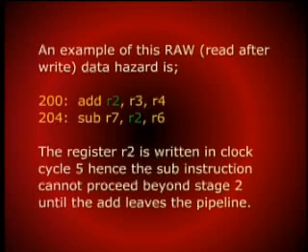The register R2 is written in clock cycle 5, and therefore the subtract instruction cannot proceed beyond stage 2 until the add leaves the pipeline.